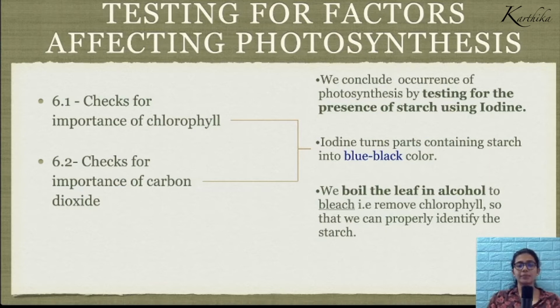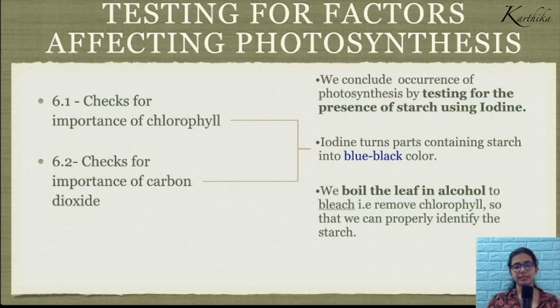There is another common step, in which we boil the leaf in alcohol. Before the iodine test, we boil the leaf in alcohol. That is because it results in bleaching of the leaf. That means chlorophyll pigments are removed, so it becomes easier to identify the starch.